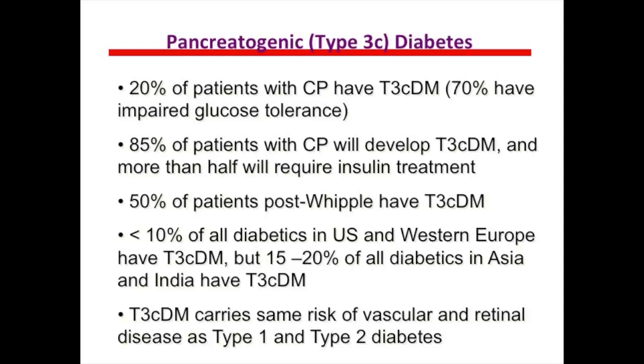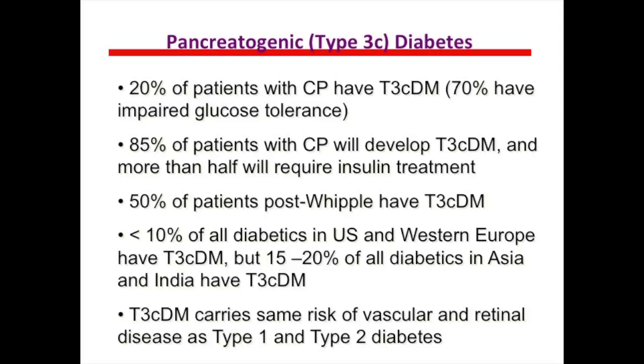Type 3C diabetes is common in chronic pancreatitis. If you just look at patients diagnosed with the disease, at least 20% have it. And as you follow those patients over the course of the next 15 or 20 years, 70% or more, 85%, of the patients will develop type 3C diabetes, and of those, more than half will ultimately require insulin therapy. 50% of the patients who undergo a Whipple operation have type 3C diabetes.